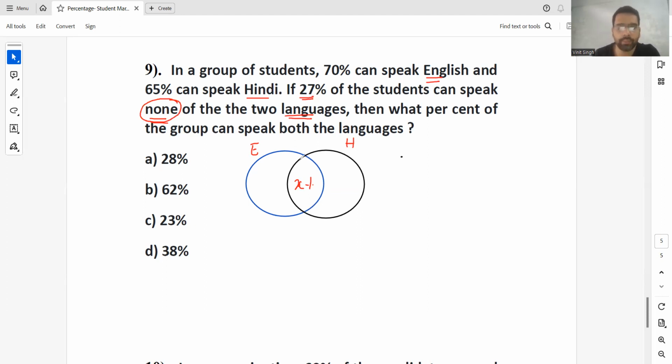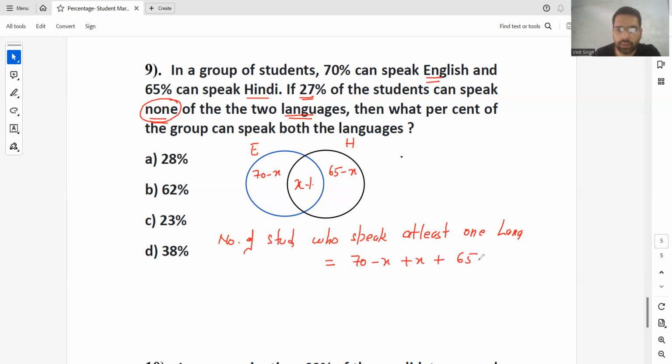X% is already occupied, remaining 70 minus X. Hindi 65 minus X. So the number of students who speak at least one language is equal to 70 minus X plus 65 minus X. X cancel, which is equal to 135 minus X. 135 minus X are those students who can speak at least one language.